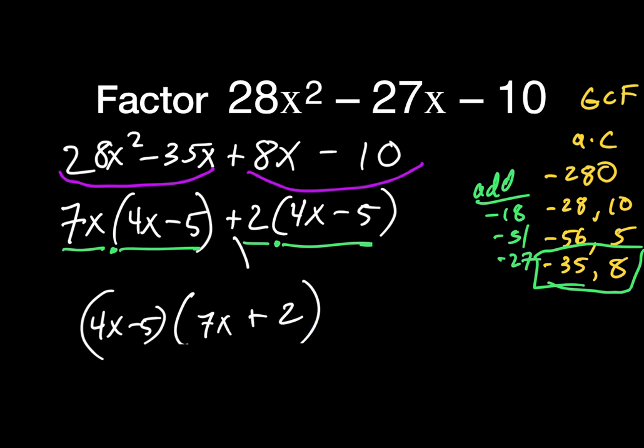Now, although not the question, what if this equaled 0? Well, that means I either have to have 0 times something or something times 0 to get 0.